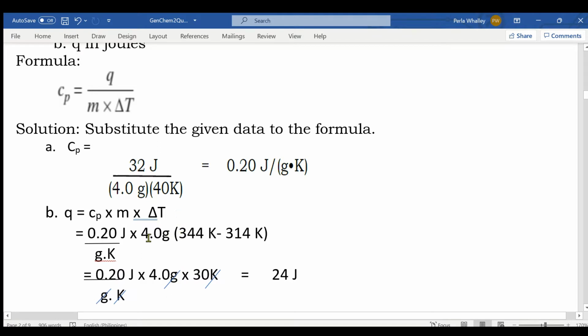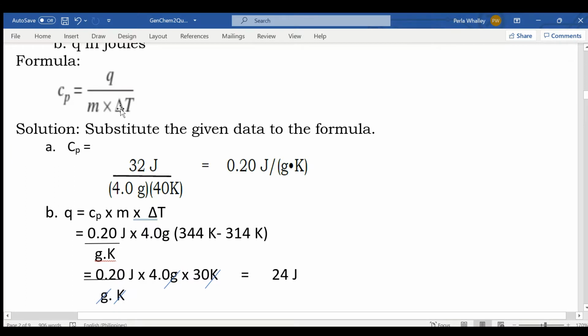Next, heat is equal to the specific heat at constant pressure times mass times delta T. How did we have that formula? We derive it by cross multiplying.